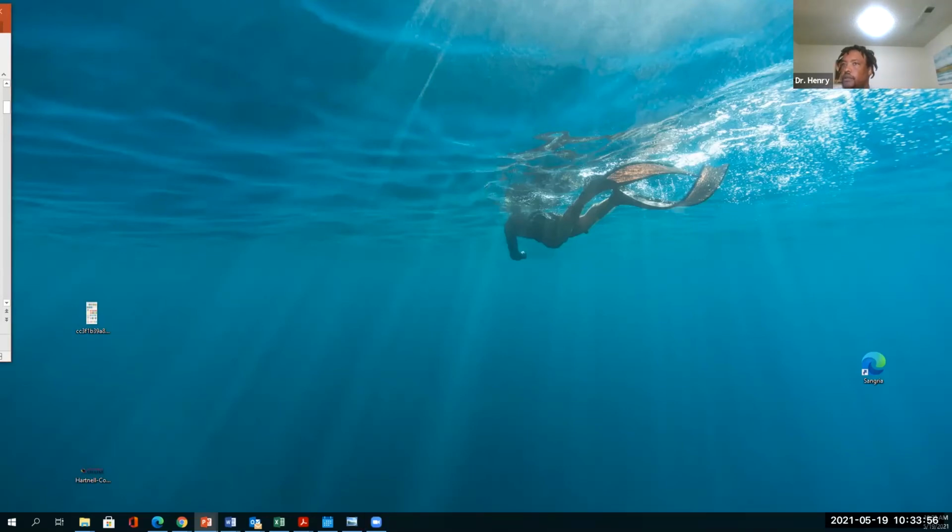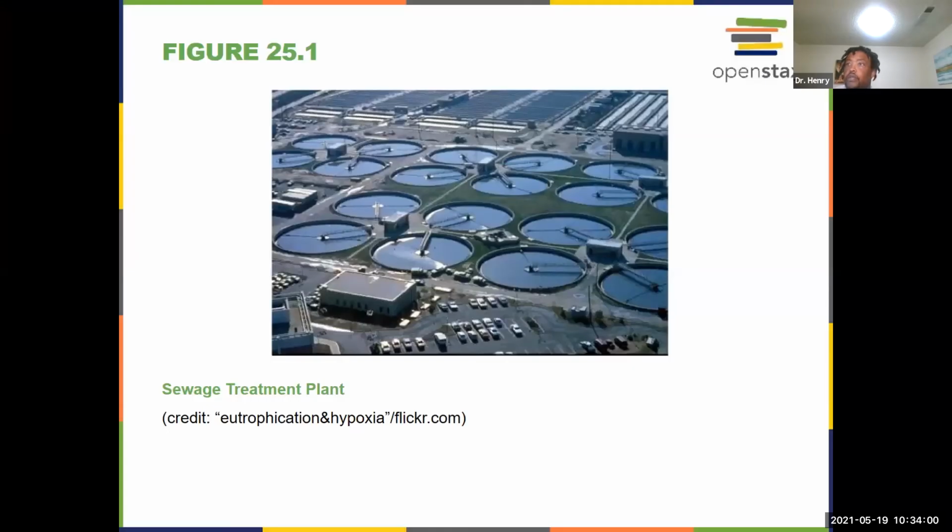So this is a sewage treatment plant. And a lot of our waste essentially goes through that process. Like the sewage treatment plant, there's a process where all of our waste typically goes. Same thing happens to us. We actually have a whole system to get rid of waste, right?